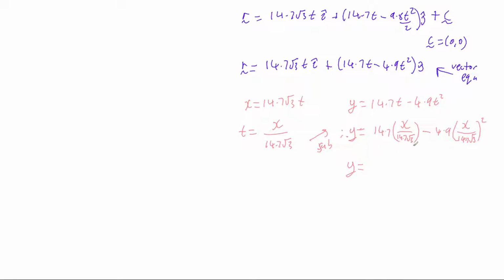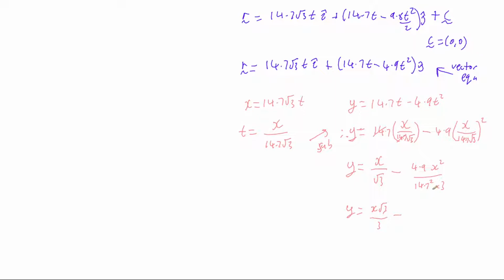Simplifying this, we get y equals, well, the 14.7s are going to cancel out, so we're going to have x on root 3 minus, and now we've got this negative 4.9x squared on 14.7 squared times 3. So dealing with our first part, let's just rationalize this. So we're going to have x times root 3 on 3 minus.